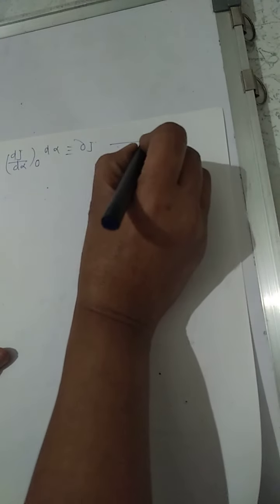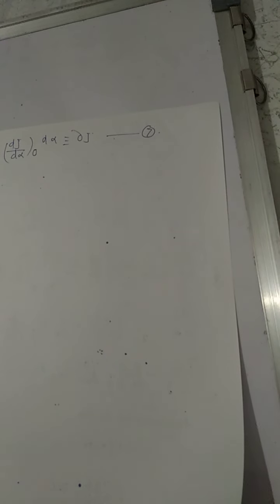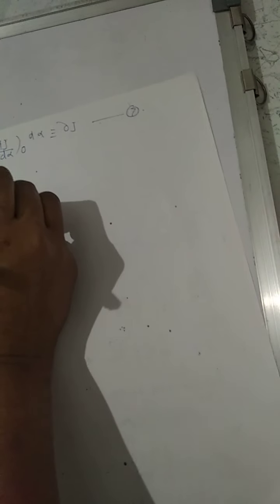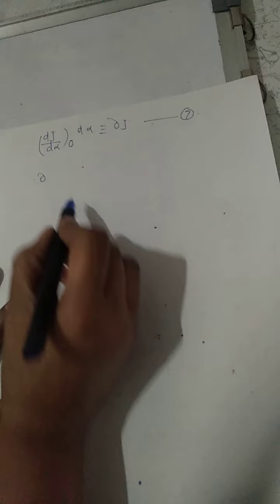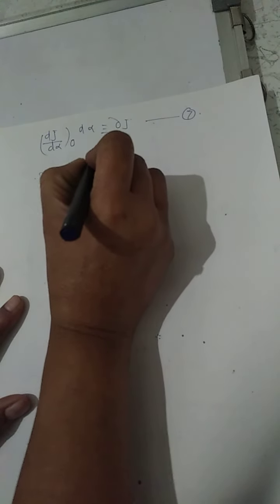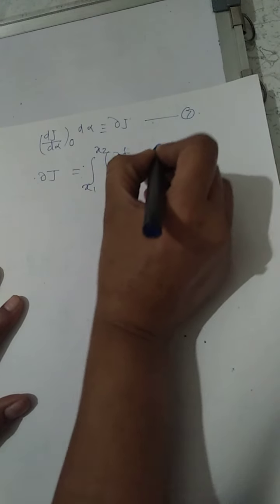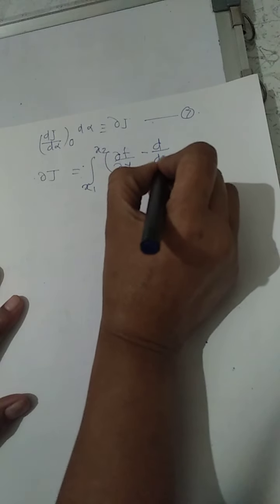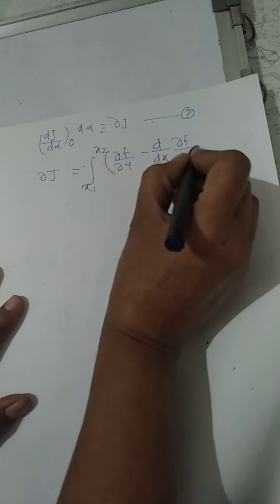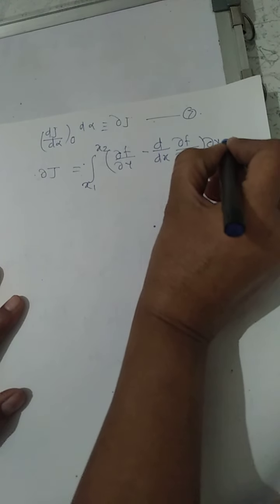This is equation number 7, and in this equation J is stationary for the correct path and can be written as δJ is equal to the integral from x1 to x2 of (∂f/∂y minus d/dx of ∂f/∂ẏ) times δy dx, which is equal to 0.